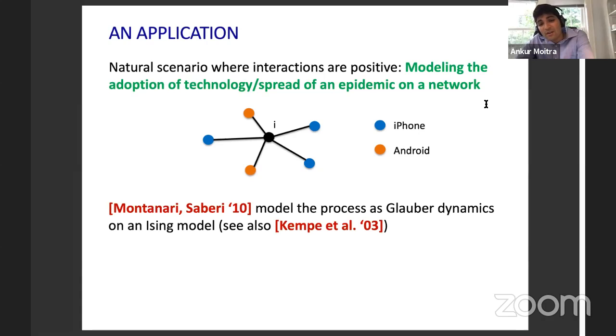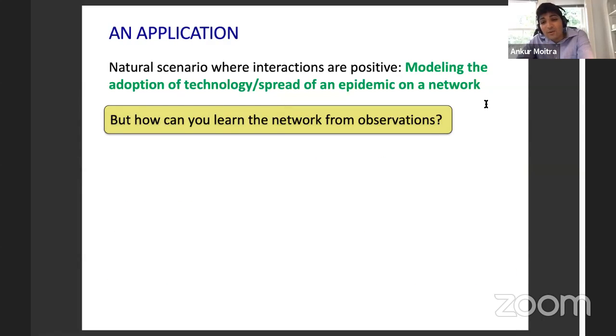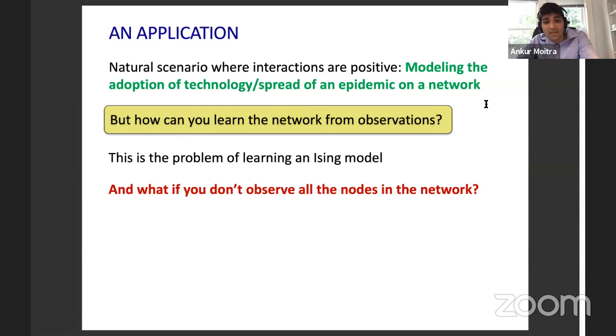Usually you model these things by an iterative process called Glauber dynamics on a ferromagnetic Ising model, because when you have more neighbors who have an iPhone, you are probably more likely to get an iPhone yourself. And you can use the algorithms I'm describing to learn the underlying graph structure, even when you have latent variables and you don't observe all the nodes in these social networks and epidemic processes. So that's pretty neat and somewhat timely.